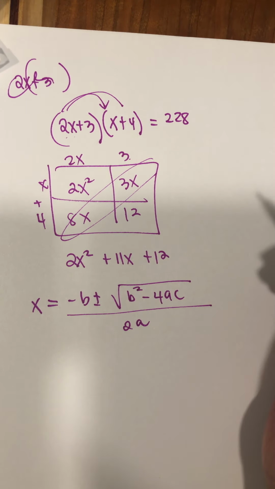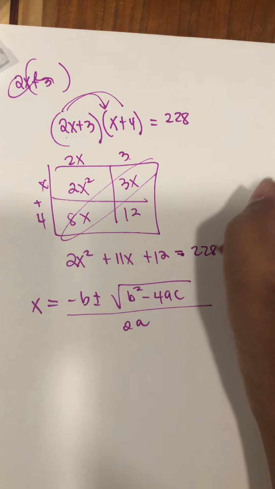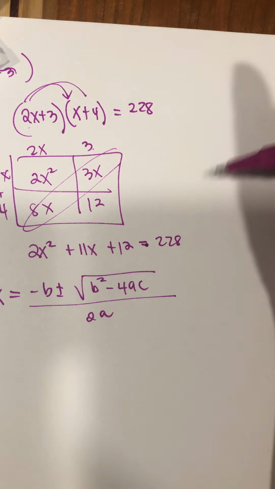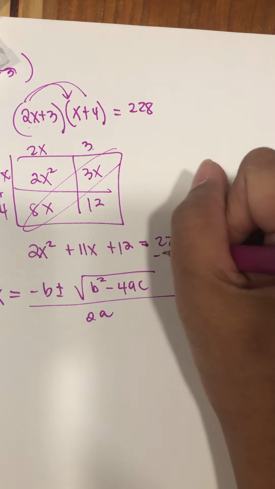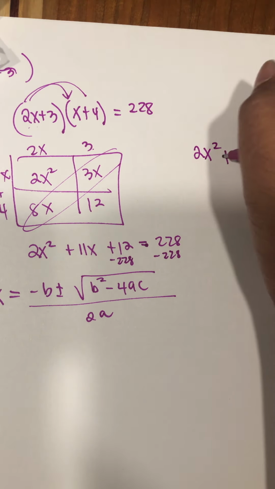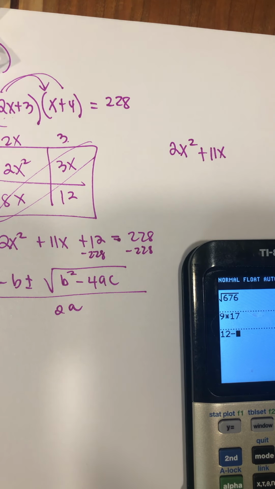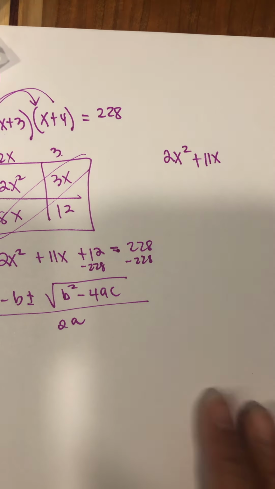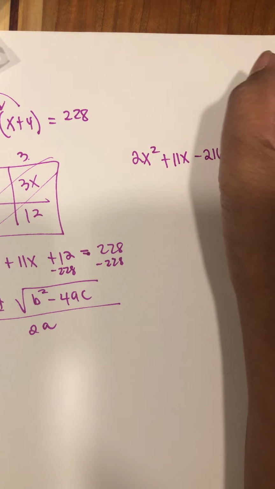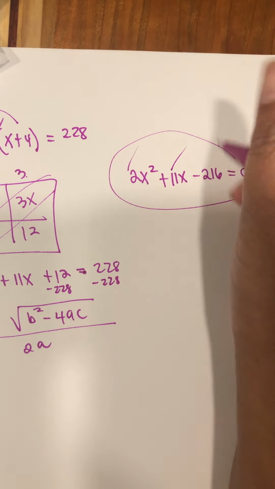This is equal to 228, so we have to change this first into standard form, equated to 0. Minus 228 on both sides: 2x squared plus 11x plus 12 minus 228, which is negative 216, equals 0. Now this is standard, so this is a, b, and c.